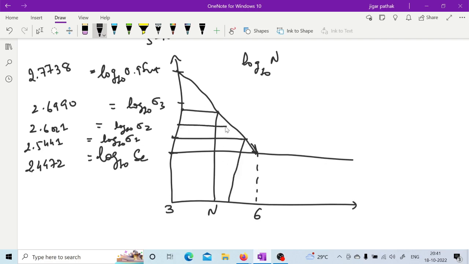In order to get n1, n2 and n3, like this n1, n2 and n3 you will be able to get from the value of log 10 sigma 1, log 10 sigma 2 and log 10 sigma 3. Are you getting what I am saying? Yes, sir.